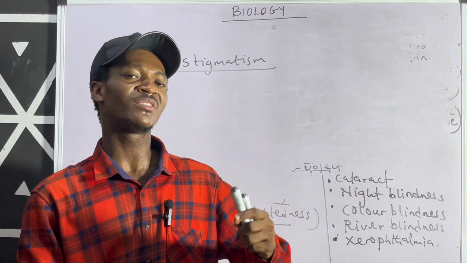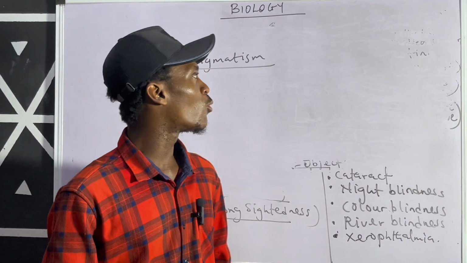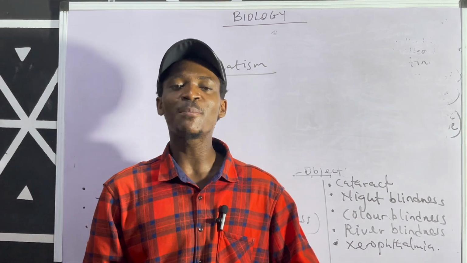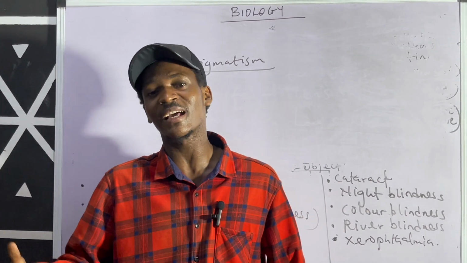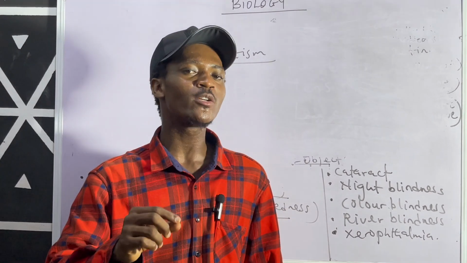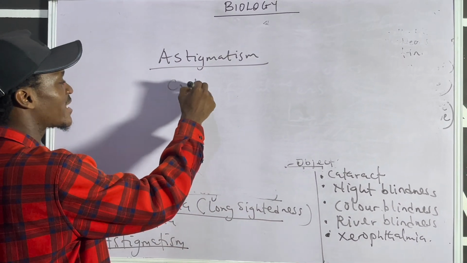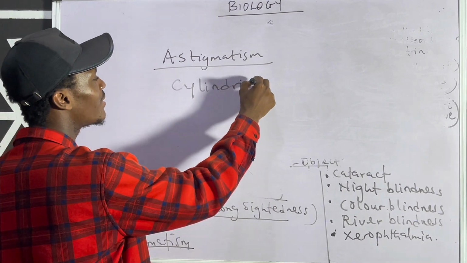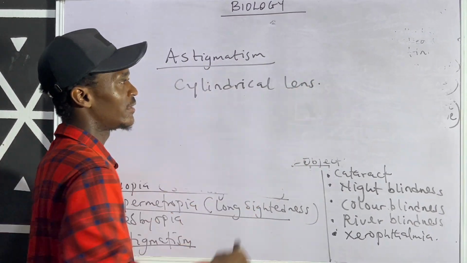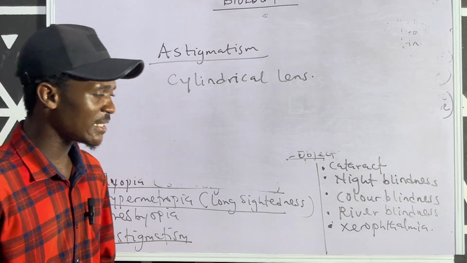Alright, so when that happens, horizontally placed objects as well as some vertically placed objects seem to be blurry. And the only way that you can correct astigmatism is with the use of cylindrical lens. Cylindrical lens can be used to correct astigmatism.